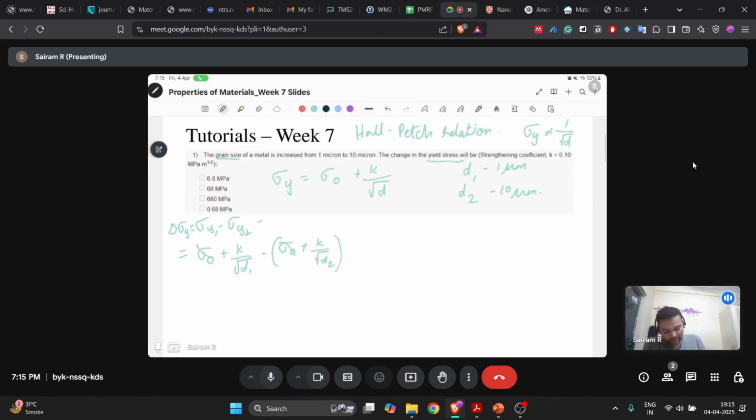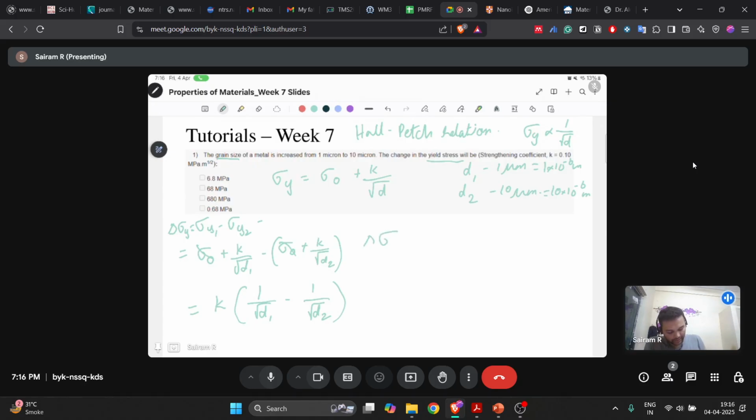Sigma naught gets cancelled, so what we have is k times 1 by root d1 minus 1 by root d2. We know the values of d1 and d2, but these are in micron and the k value is in MPa root meter, so we'll have to convert these into meters. So it is 1 into 10 power minus 6 meter, and this is 10 into 10 power minus 6 meter.